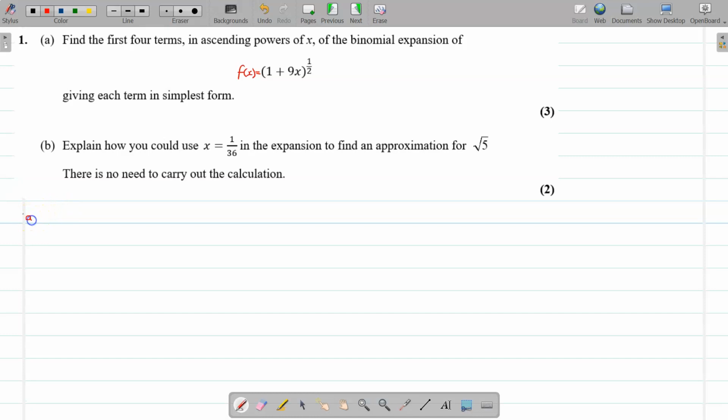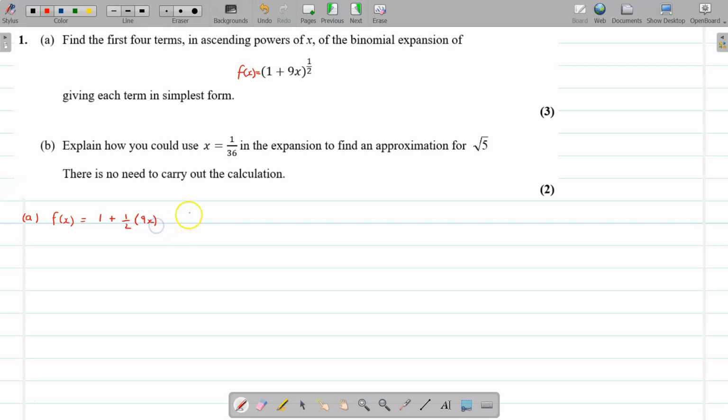So the first thing I do is say f of x equals, okay, and I'm using or referring to the formula in the formula book to remind me if I need to. So in this case my n is a half and my x is actually 9x. So it's 1 plus a half of 9x.